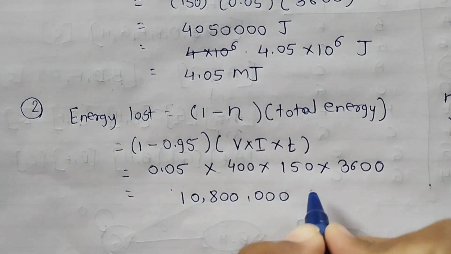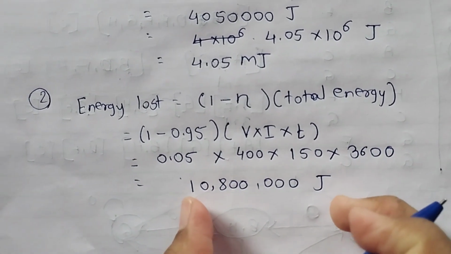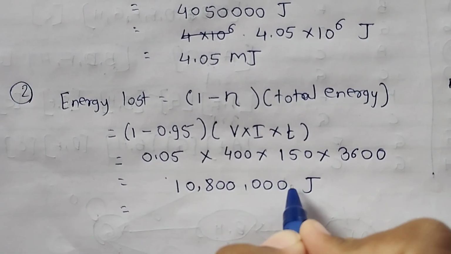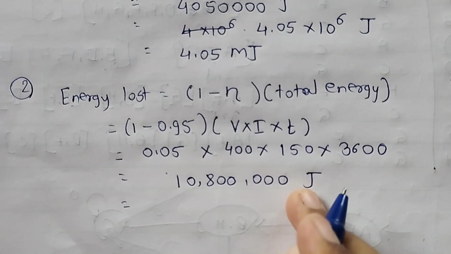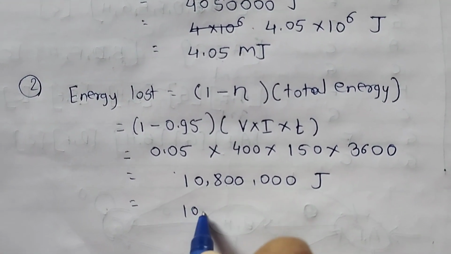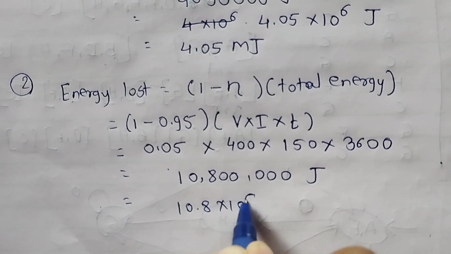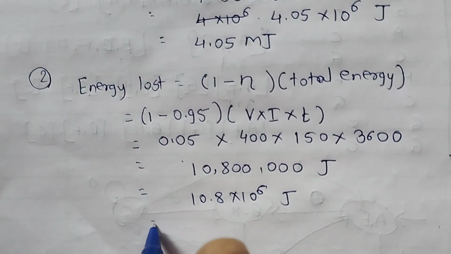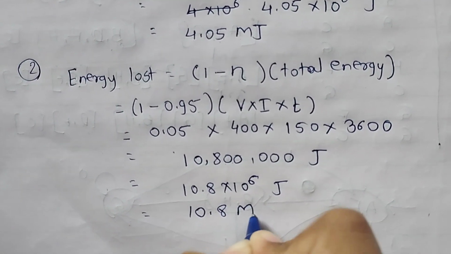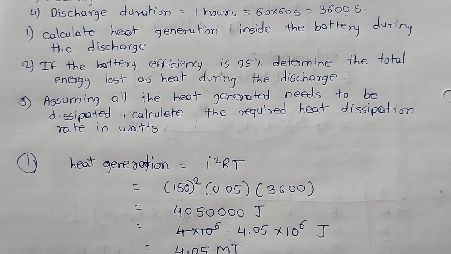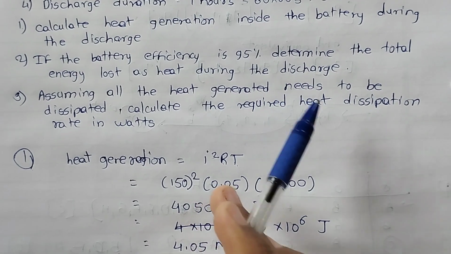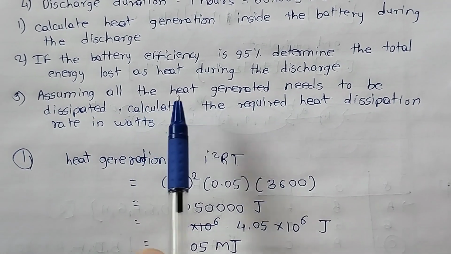Energy is measured in joule, but this is a large number, so we convert it into mega again. We move the decimal point 6 times to the left. So 10.8 into 10 raised to 6 joule is nothing but 10.8 mega joule.